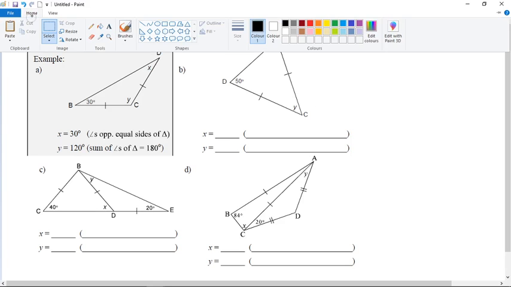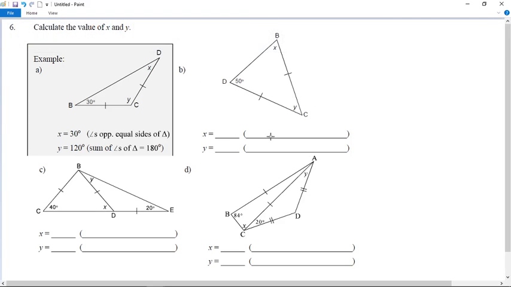So let's see what color pen we have here. So what kind of a triangle is this? Immediately I can see that this triangle is an isosceles triangle because there are these markings here. So the angles opposite the congruent sides are equal. So x has got to be 50 degrees, okay?